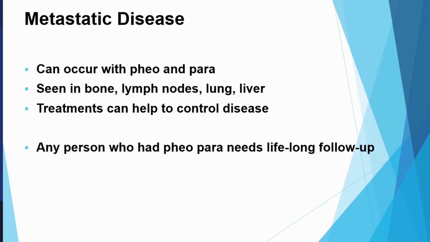We don't usually have treatments that can cure metastatic disease, but we do have a lot of treatments that can control the disease for patients. And any person who has a Pheo Para should have lifelong follow-up so that we can monitor for any sign of a recurrence or metastatic disease forming.